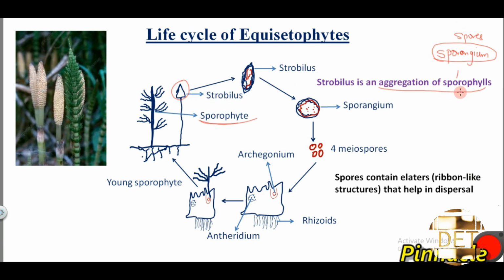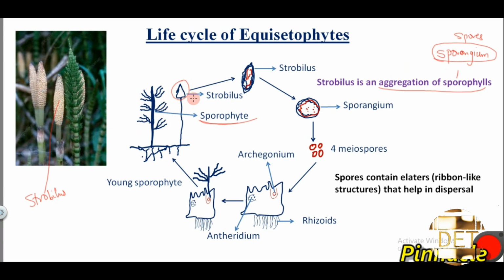So an aggregation of these leaves is known as a strobilus. This is a strobilus that you can see here, and this is the leaf. When the leaf contains sporangium and it aggregates, it forms what is called the strobilus.